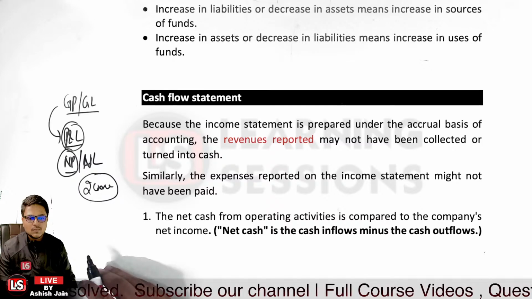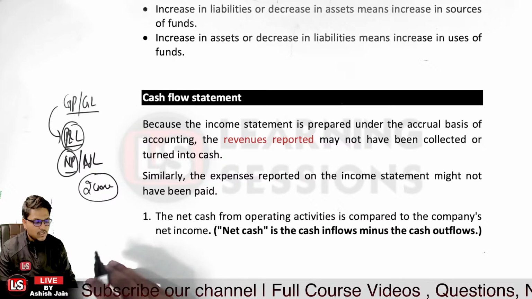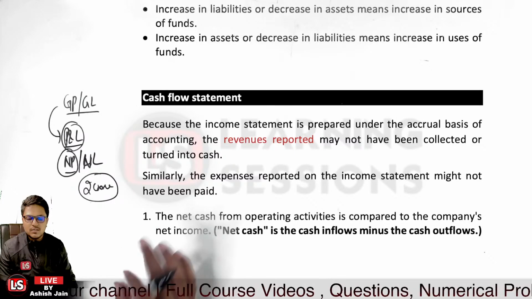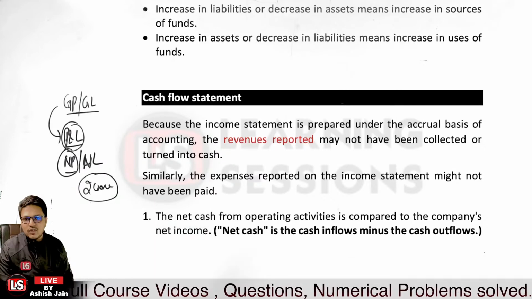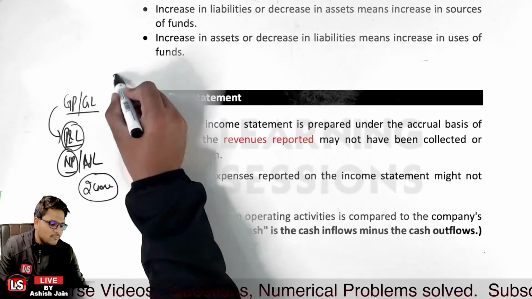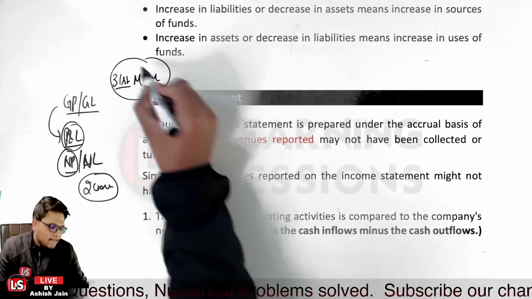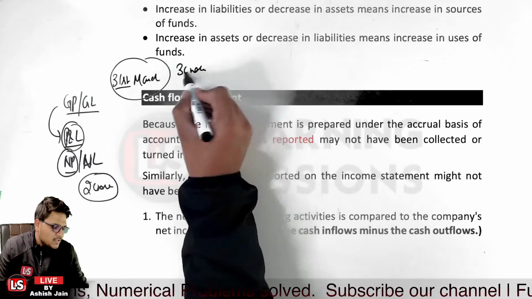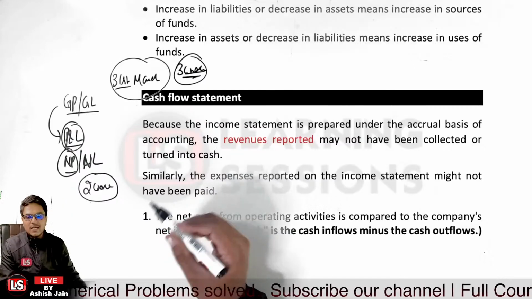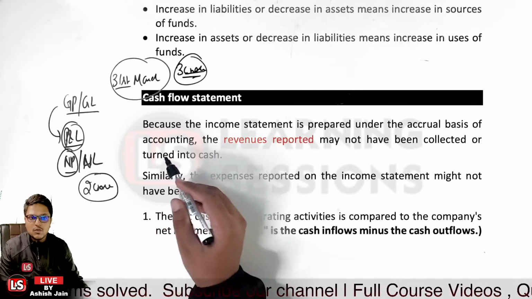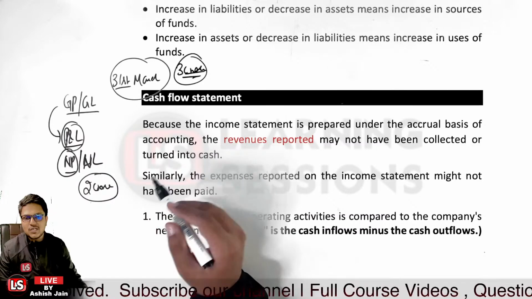Definitely not. It's not possible, because as per the accounting standards and accounting policies, we also account for the accrual income. I already gave you an example that on 31st of March, 3 crore rupees of interest became due, the bank became the rightful owner to receive the amount of 3 crore that was charged, that was accrued.